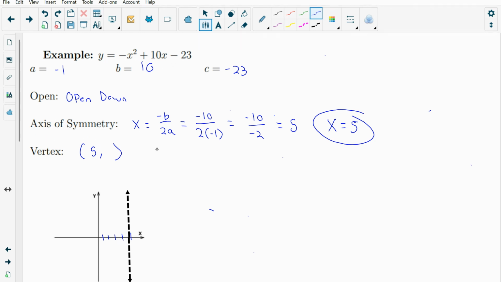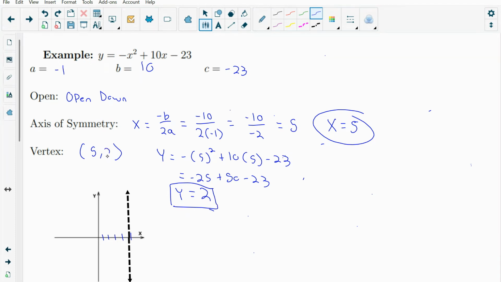So how I'll do that is I'll take my x value of 5, and I'm going to substitute it into my quadratic. So I've got y equals negative 5 squared plus 10 times 5 minus 23. 5 squared is 25 times negative 1, so I've got negative 25 plus 50 minus 23, which ultimately is going to give me, well, negative 25 plus 50 is 25, minus 23, which is just going to give me 2.